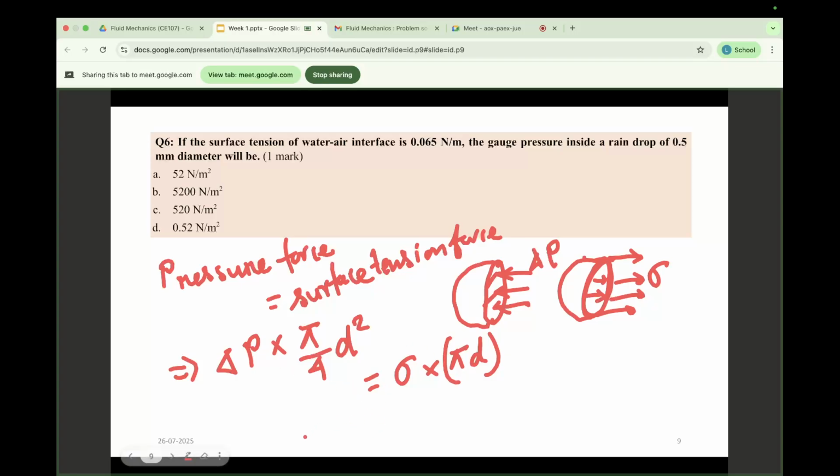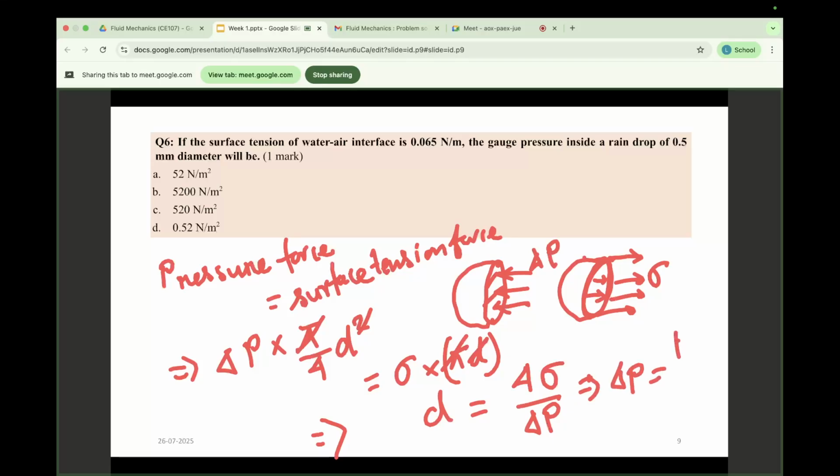Now you will find one d will cancel out, so you will get del P equal to 4 sigma by d.